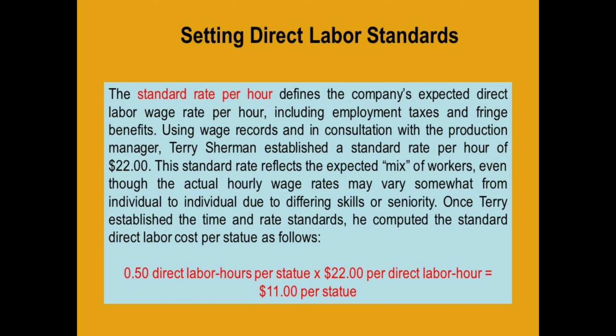Once Terry established the time and rate standards, he computed the standard direct labor cost per statue as follows: 0.50 direct labor hours per statue multiplied by $22 per direct labor hour equals $11 per statue.